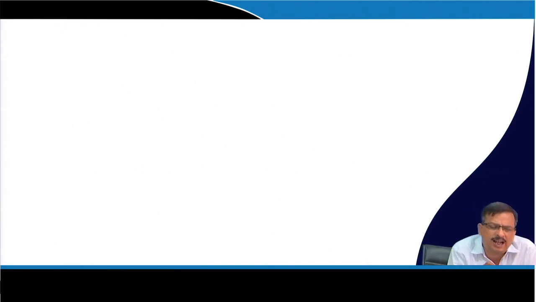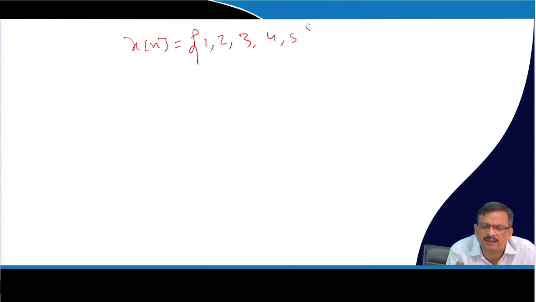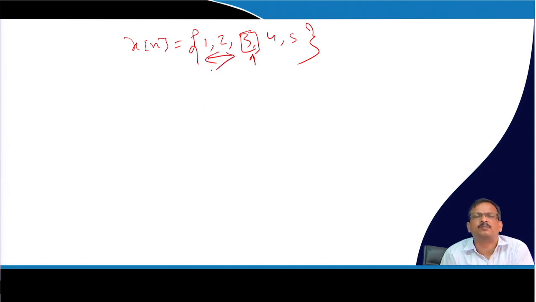So suppose I have a signal x of n, let's say samples 1, 2, 3, 4, 5, like that. Now, can I say that I want to predict this sample from the previous two samples? How do I want to predict? Now, this prediction is not non-linear.